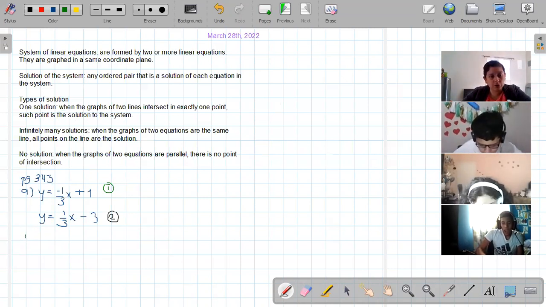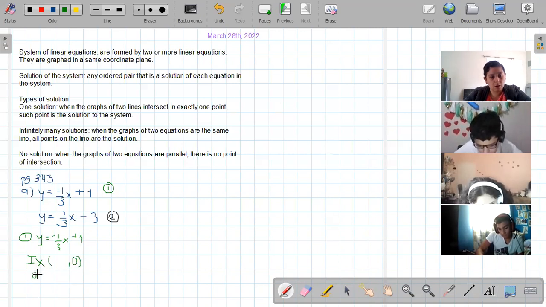So we're going to go with equation 1. y is equal to negative 1/3 x plus 1. Now remember, the intercept in x is when we're looking for x and y is 0.